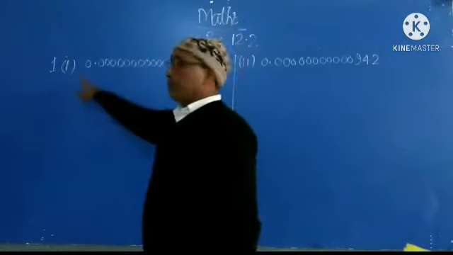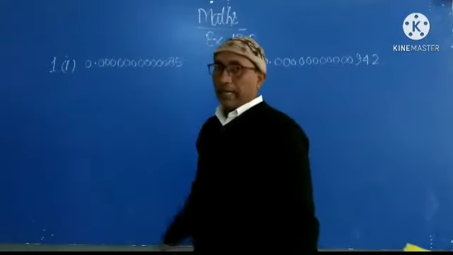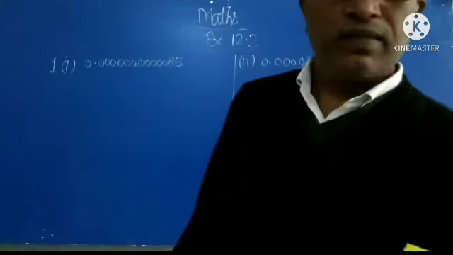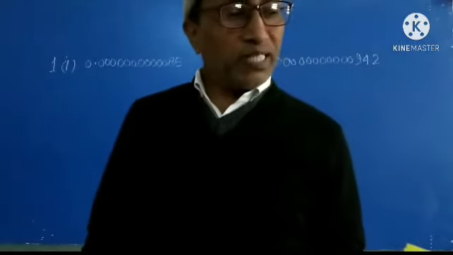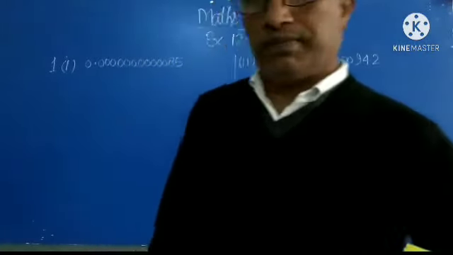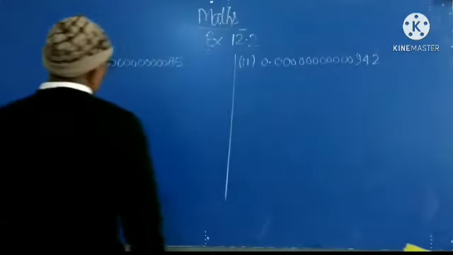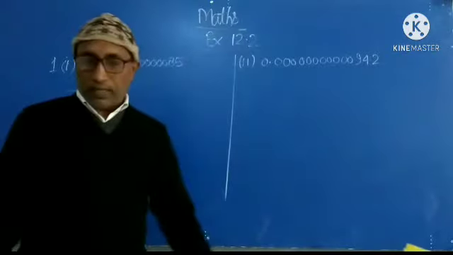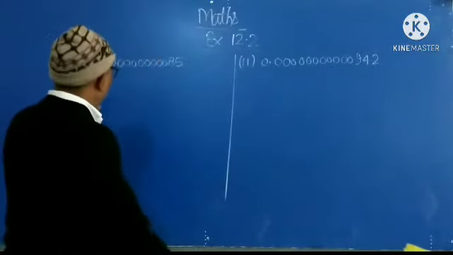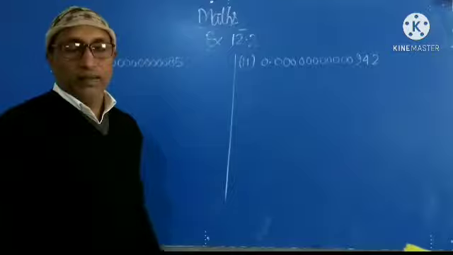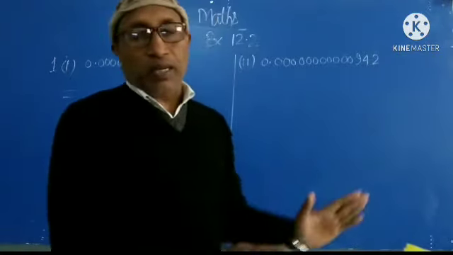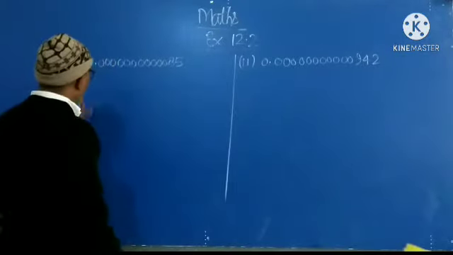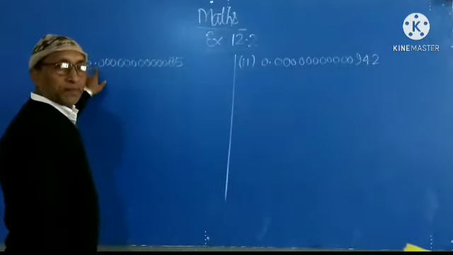Question number 1. Express the following numbers in standard form. First of all, you watch the number. How can you make this number lie between 1 and 10? For this purpose, you shift the decimal place.